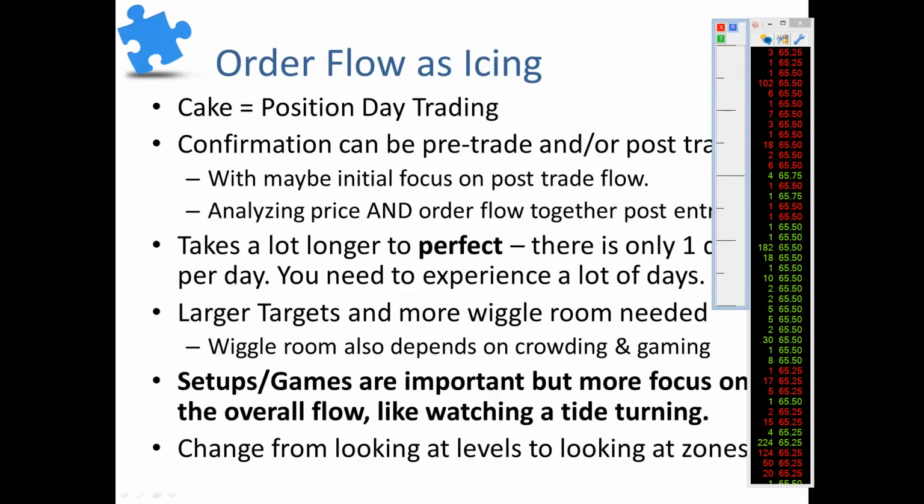So if you go long, and you see 2,000 sell market orders and 600 buy market orders, and you see price moving down after your entry and you're long, the chances are you're probably going to get stopped out.